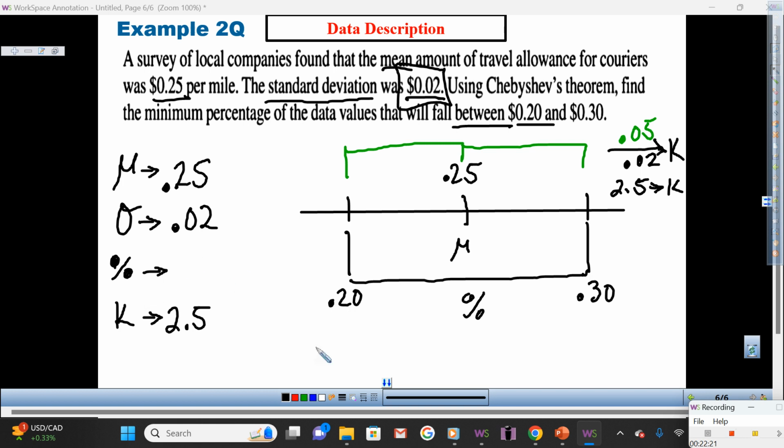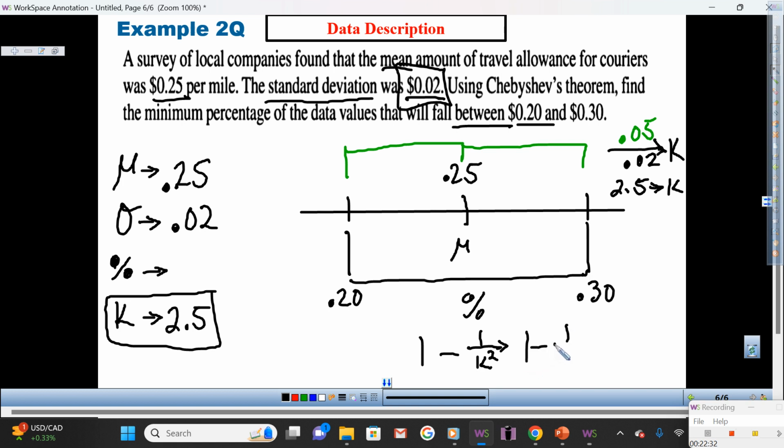Now going back to the beginning of the session, how did Chebyshev get that percent? By using this theorem, right? 1 minus 1 over K squared. Do we know what K is right now? Everyone? 2.5, so we're going to write 1 minus 1 over 2.5 squared.